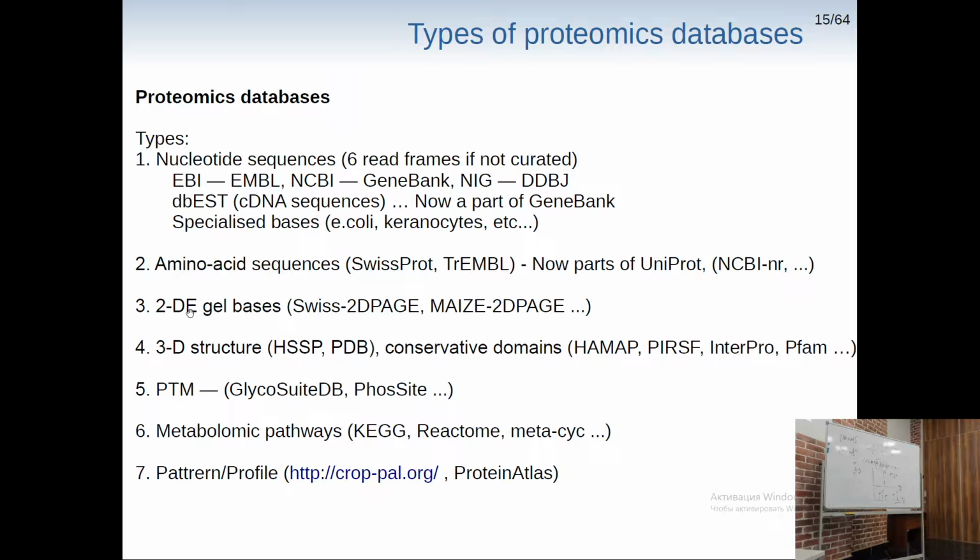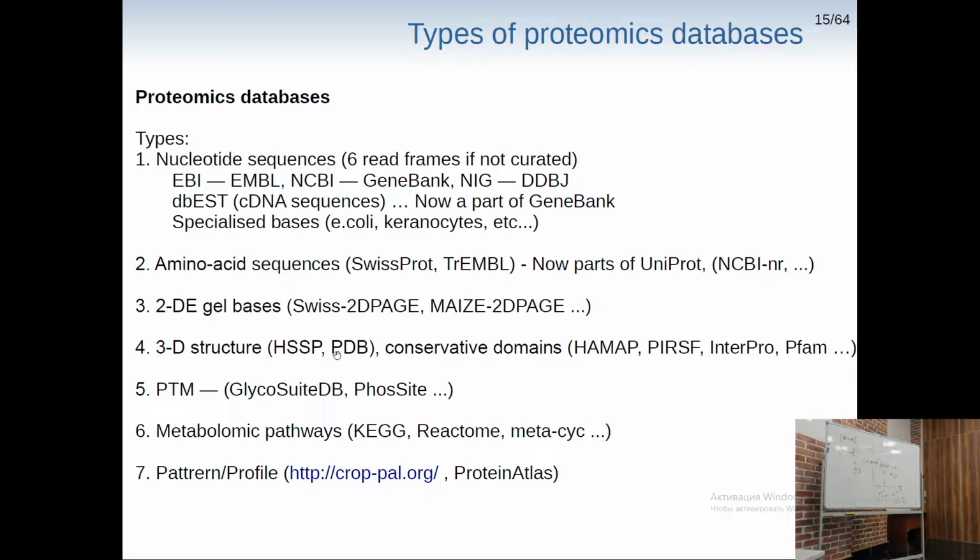And that's why just having the primary sequence of your protein, even with all post-translational modifications, is not enough for proteomics nowadays. You also need to know about secondary and tertiary structure, and in some cases you even need to know complexes of proteins, how they work, how they are organized. And there are such databases.